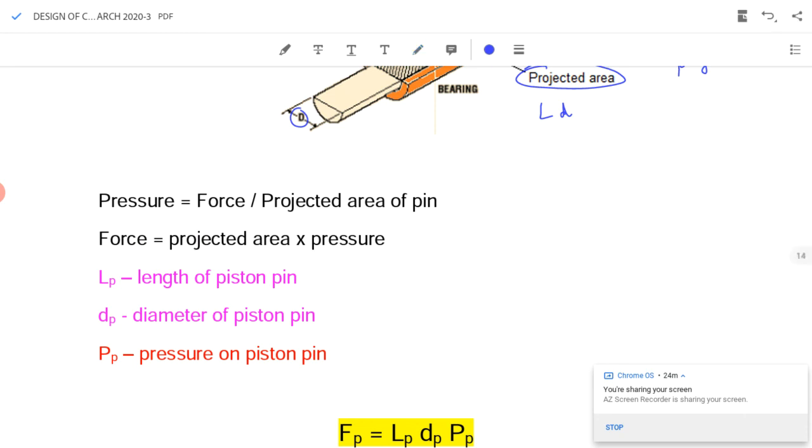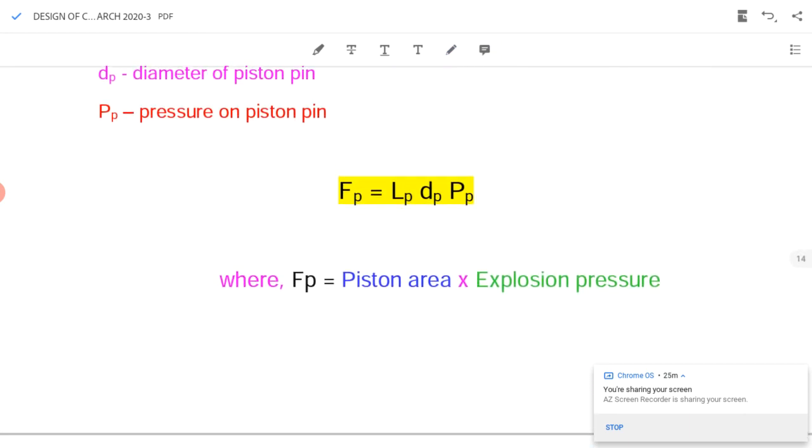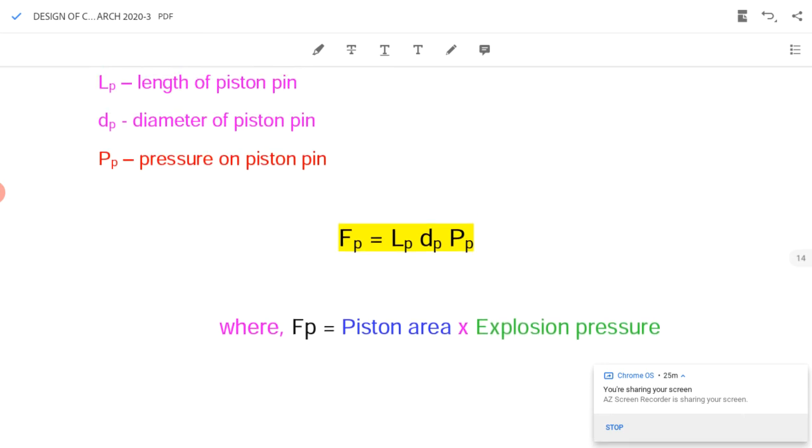So for the piston pin, I can write Fp equal to Lp. Here p denotes the piston pin, Lp is the length of the piston pin, and capital P denotes the pressure. So Fp equal to Lp into dp into pressure.